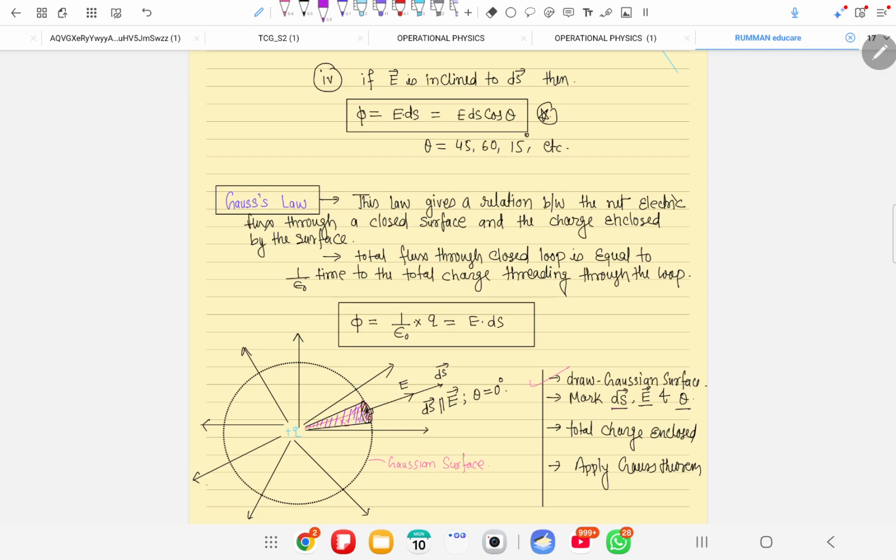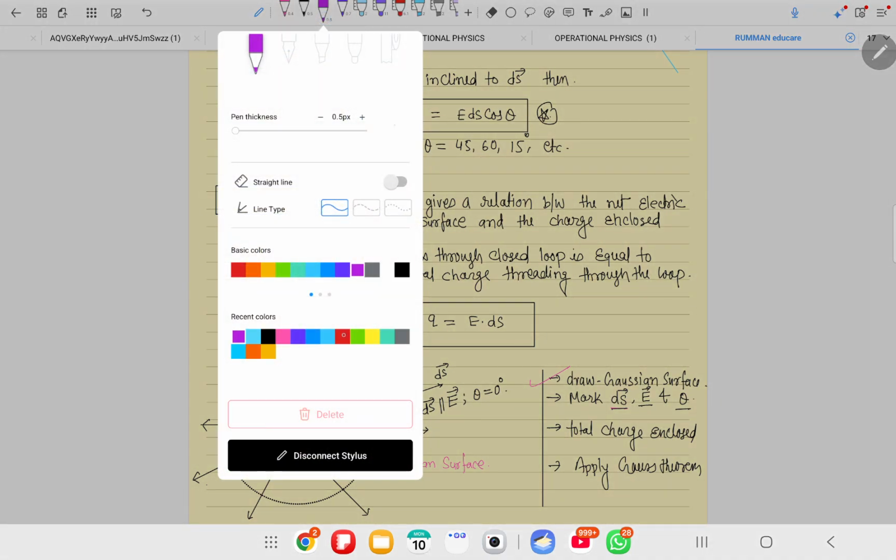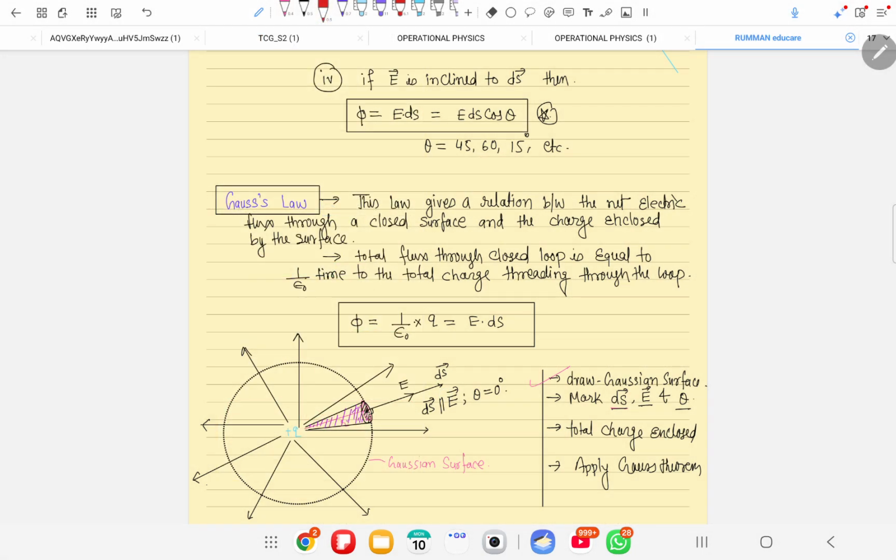Now suppose this is the point, which we mark here as point P. So the question is, what will be the electric field magnitude at this point due to this plus q charge?